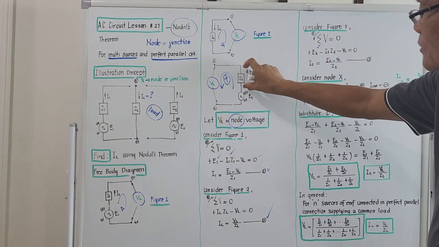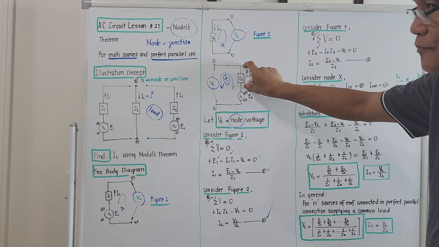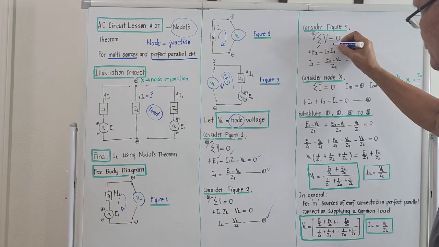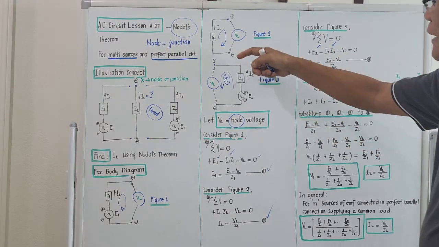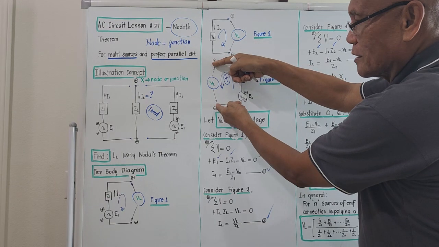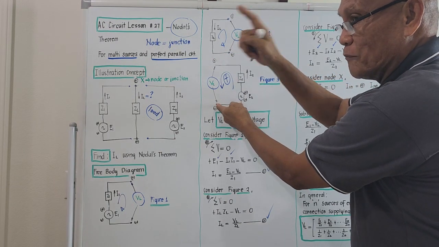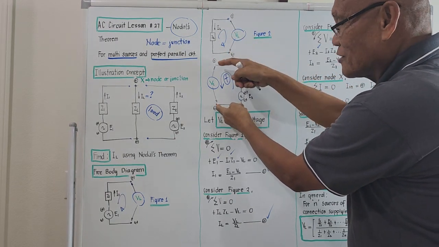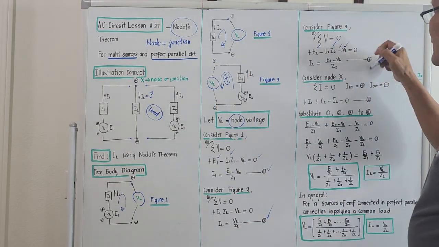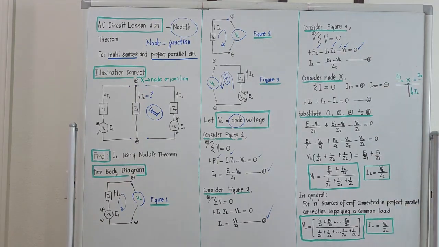The voltage across C2 is a voltage drop, so this is minus I2 C2. And if we try to get our voltmeter and tap it here, it should be a voltage drop, not a voltage source. So this is minus VL, and this should be equal to 0.